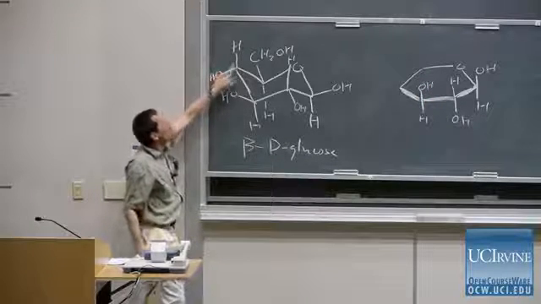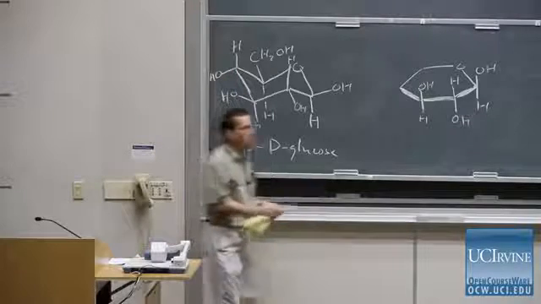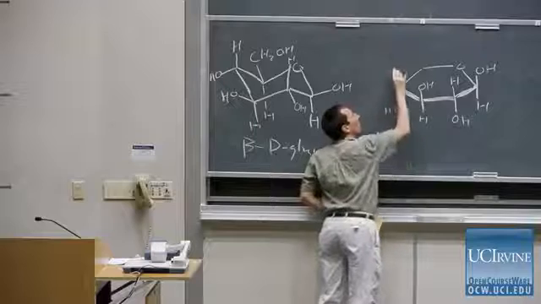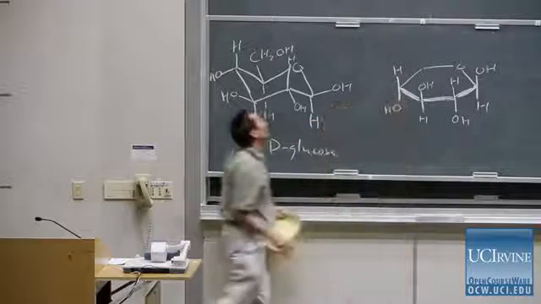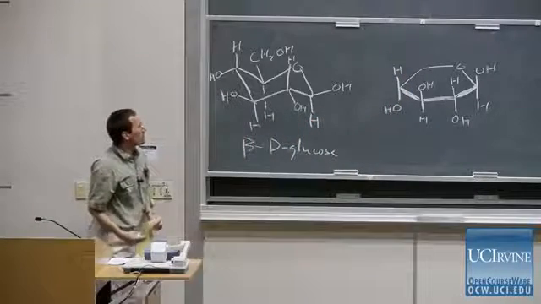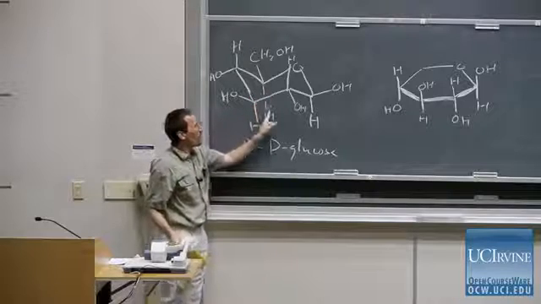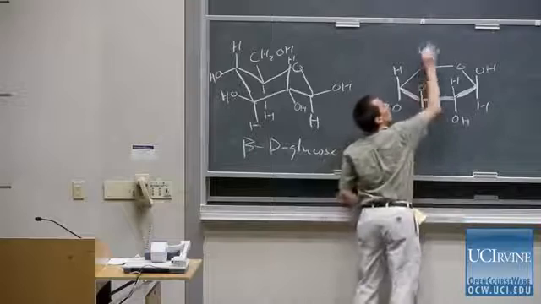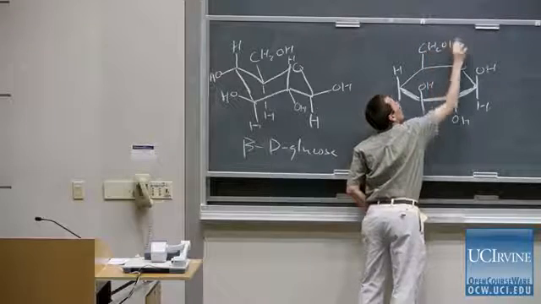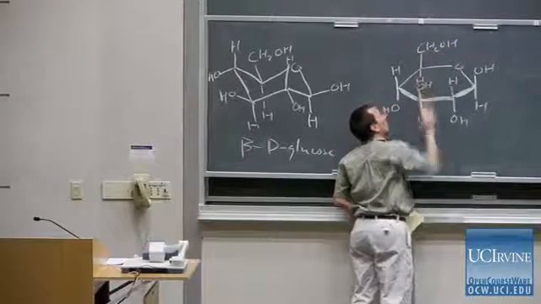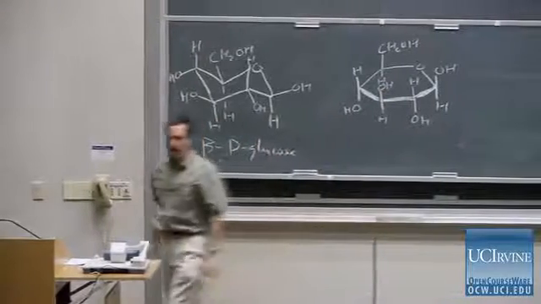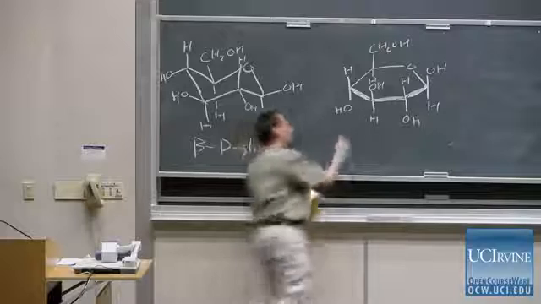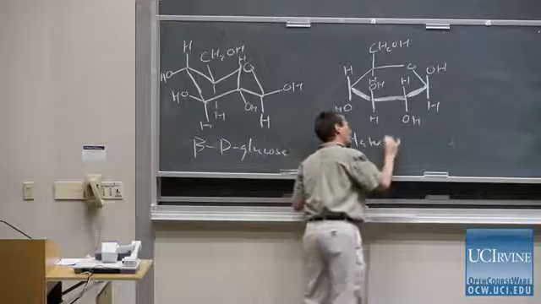Position 4, hydrogen up, OH down. And finally, position 5, and we have hydrogen down, CH2OH up. We call this representation a Haworth projection, and you'll see it used liberally in your textbook.